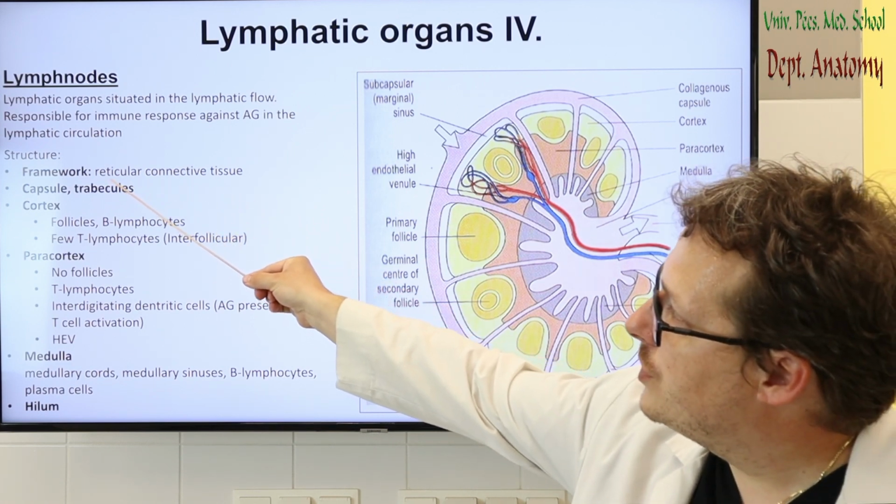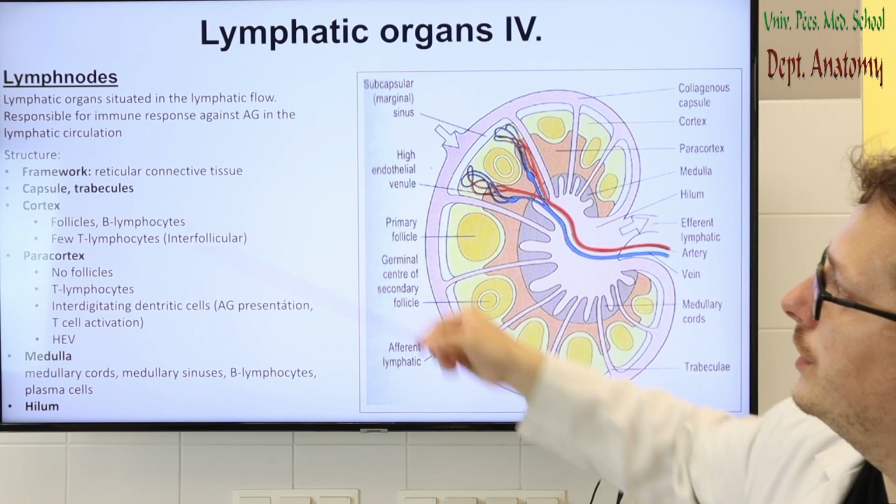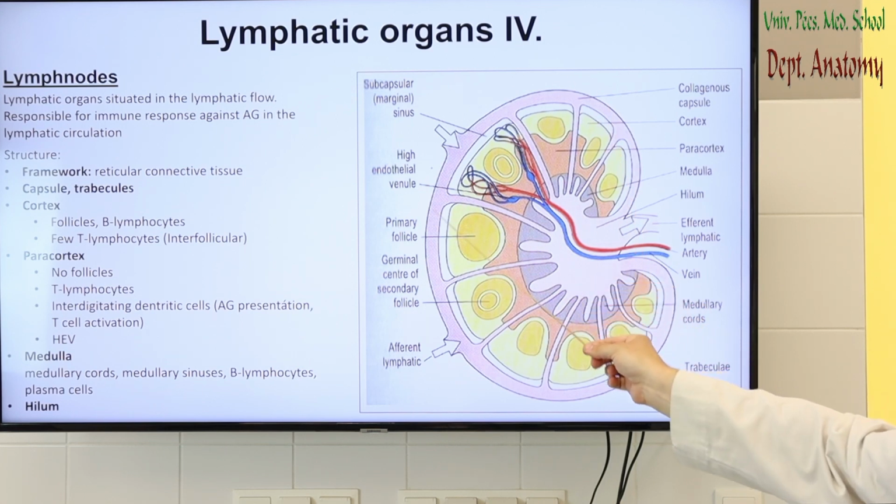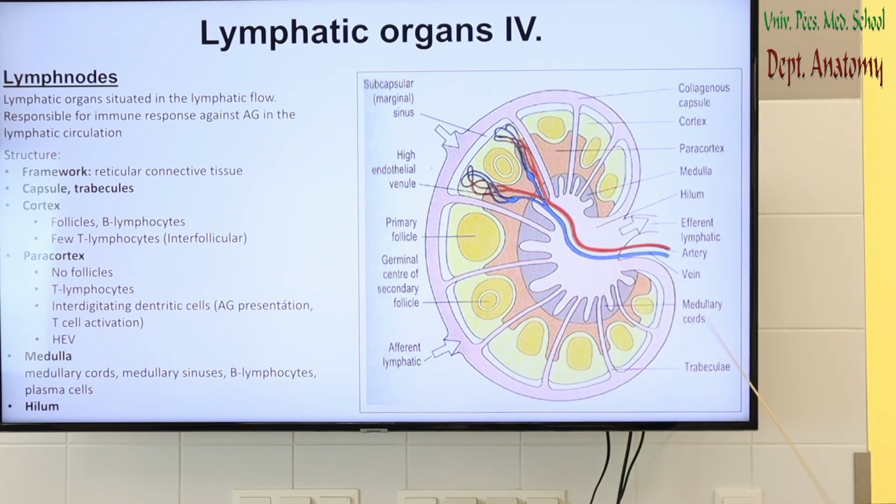Their framework, just like the majority of the lymphatic tissues, is made of reticular connective tissue. On this schematic image, you can see that they are surrounded by a capsule, and this capsule, similar to the thymus, sends its trabeculae into the structure of the lymph node.